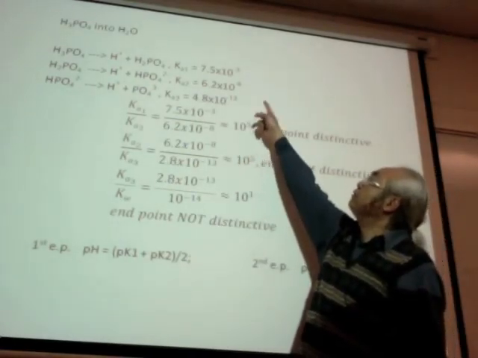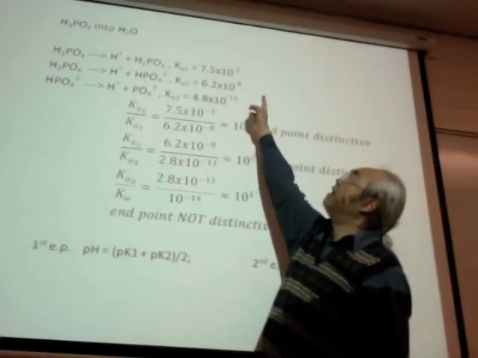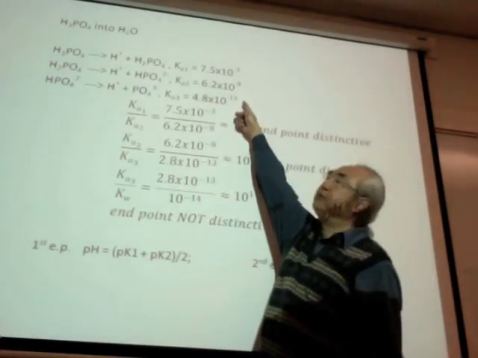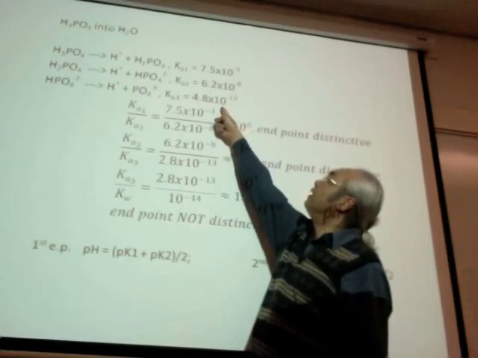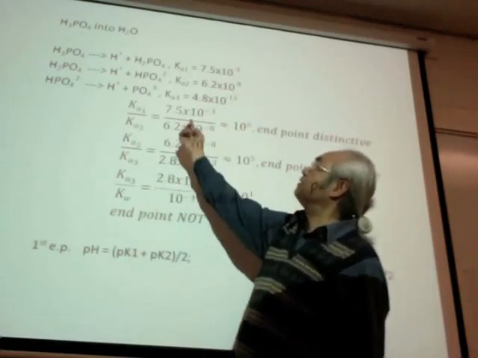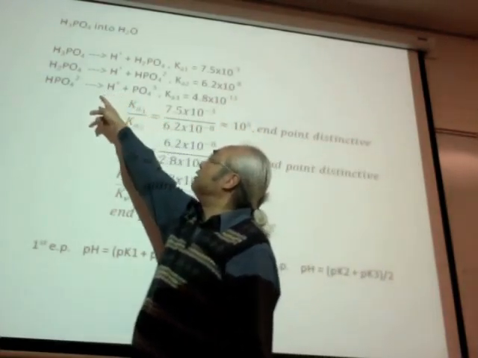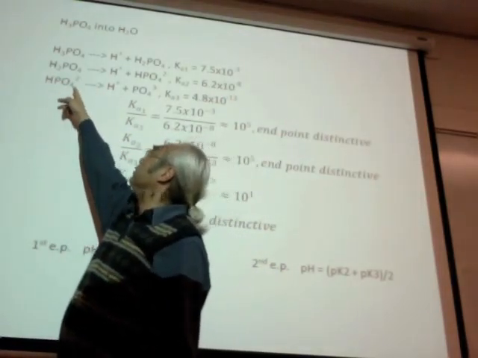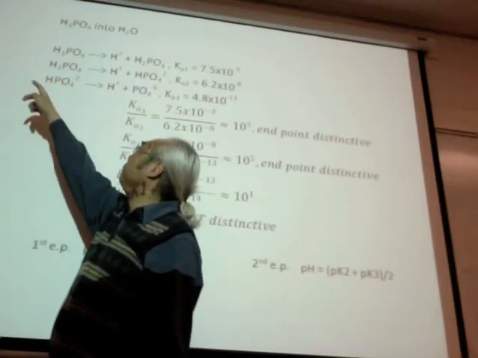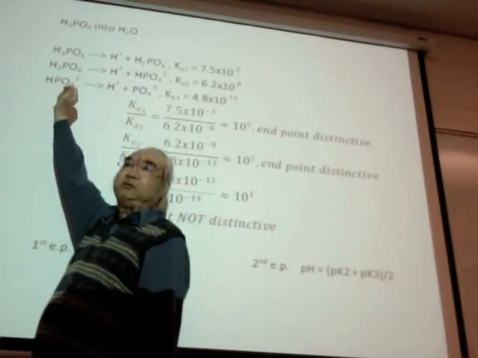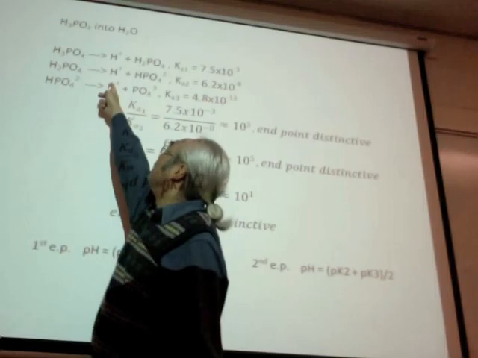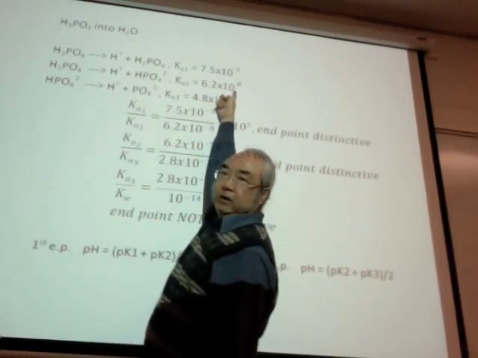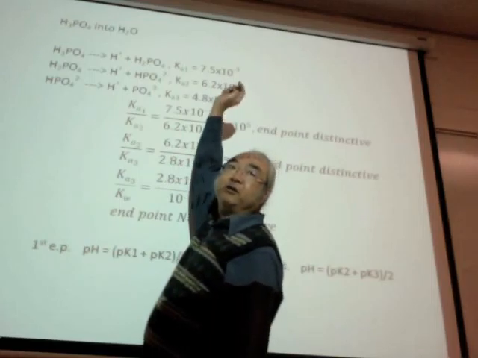These values are available in the table. Notice the magnitude getting smaller and smaller. It makes sense because you can see a charge of minus, so the H plus will be more reluctant to come out. It still comes out, but with a small value, 10 to the minus 8.